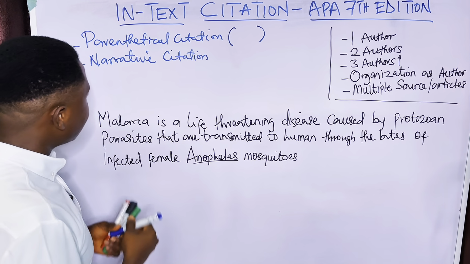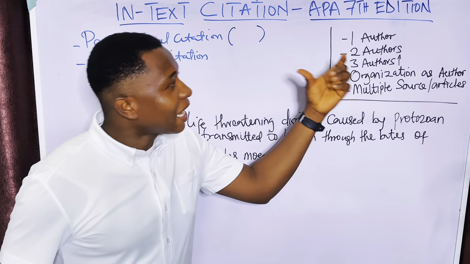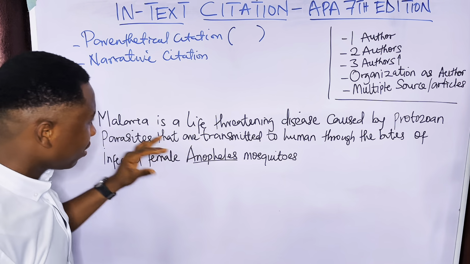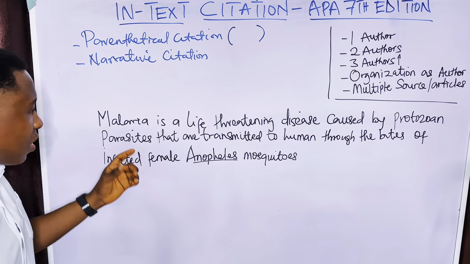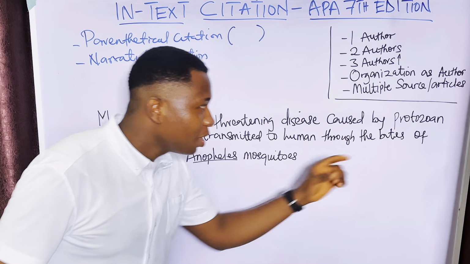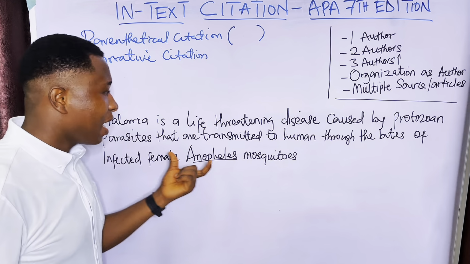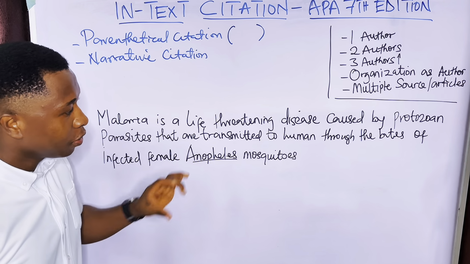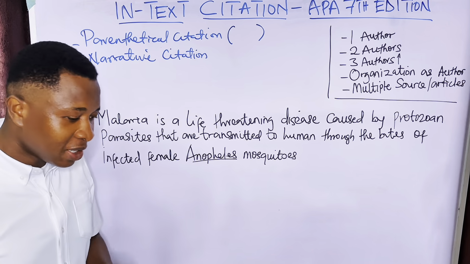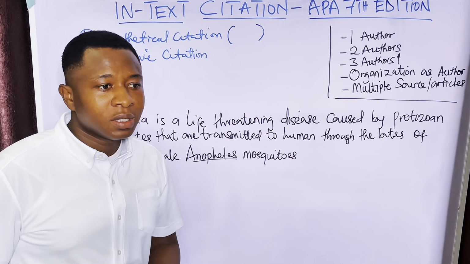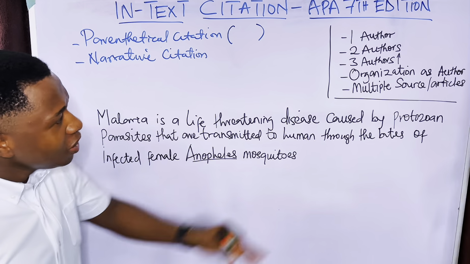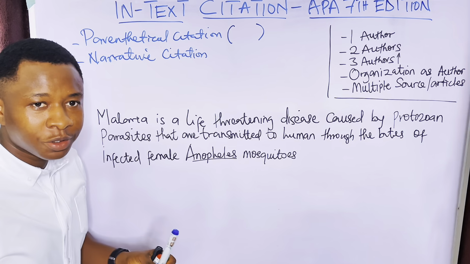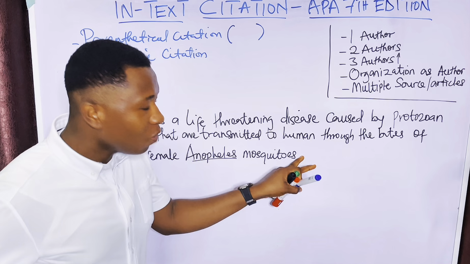So let's start by citing one author. This is the text: Malaria is a life-threatening disease caused by a protozoan parasite that is transmitted to humans through the bite of infected female Anopheles mosquito. So let's cite this information using one author. Let's assume that the name of the author is Hassan. If it's one author and we are doing the parenthetical citation, it comes at the end of the text.